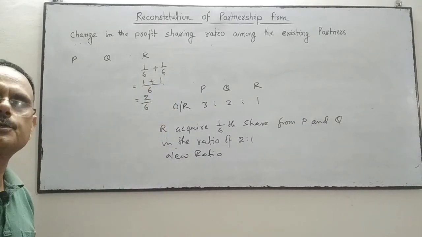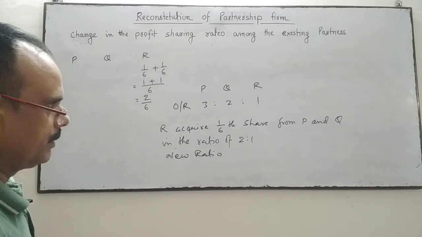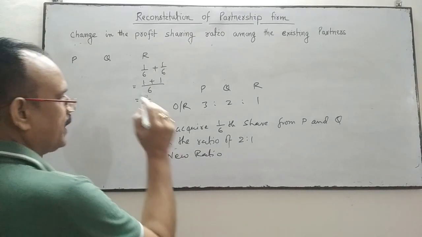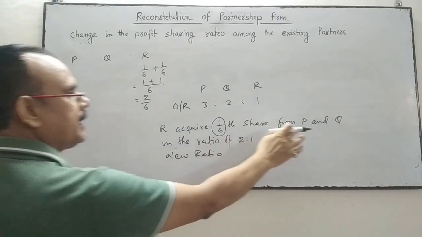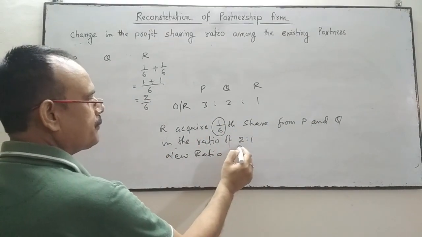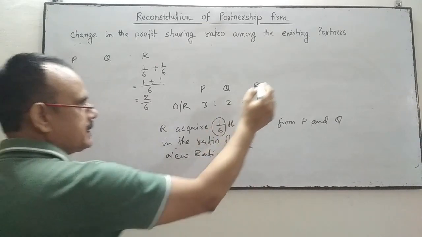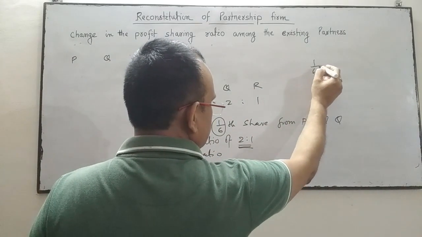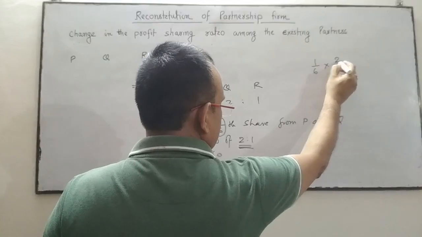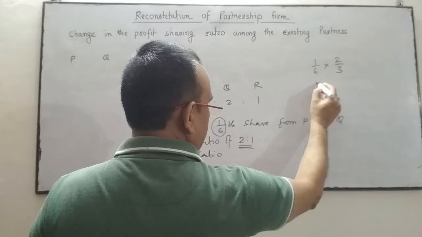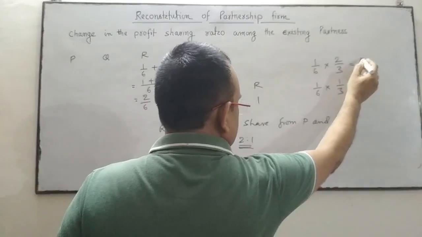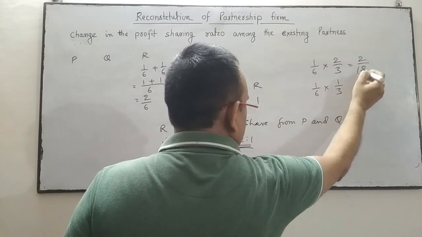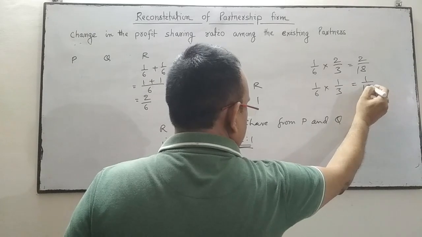Our new share is 2/6. This 1/6 share is acquired from P and Q in the ratio of 2:1. So 1/6 share is acquired in the ratio of 2/3 and 1/3. 1/6 into 2/3 and 1/6 into 1/3, so it is 2/18 and 1/18.